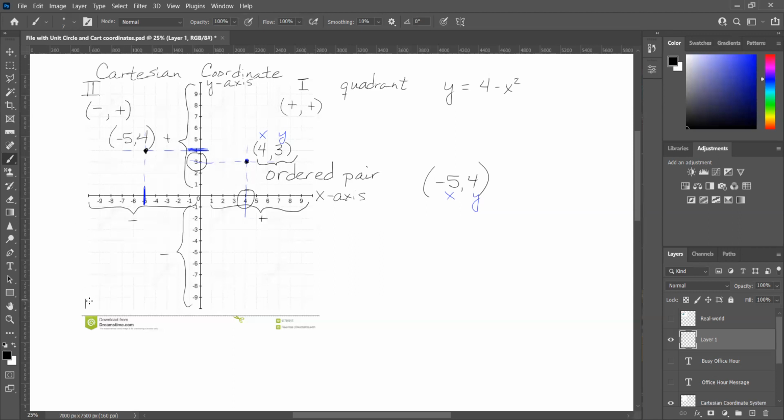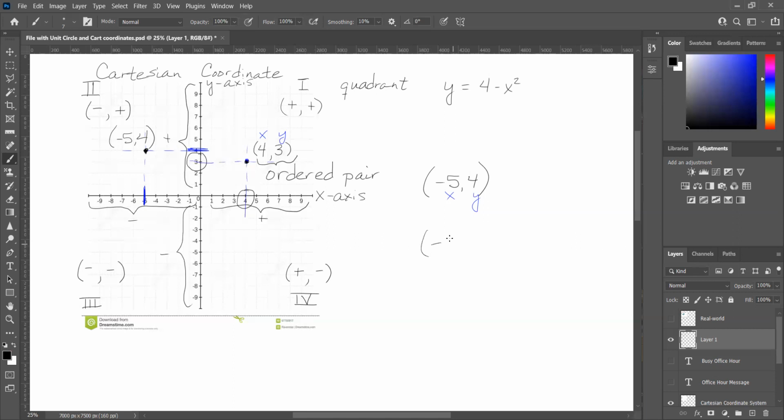Down in the bottom left, that's quadrant 3. And down here we have negative x values and negative y values. Over here in the bottom right is quadrant 4, as you would imagine. And here we've got positive x values and negative y values. Using that, we can pretty quickly denote where a point will be.